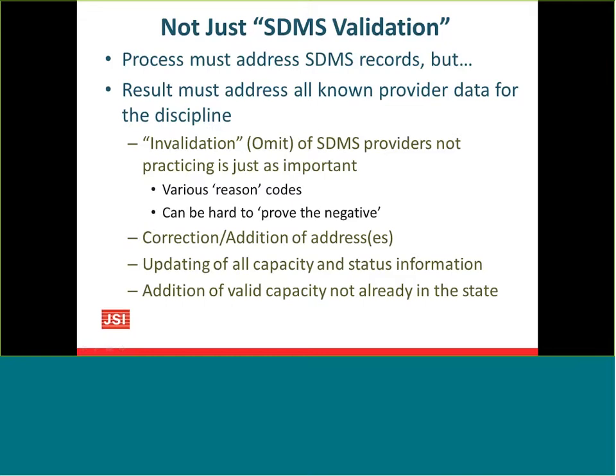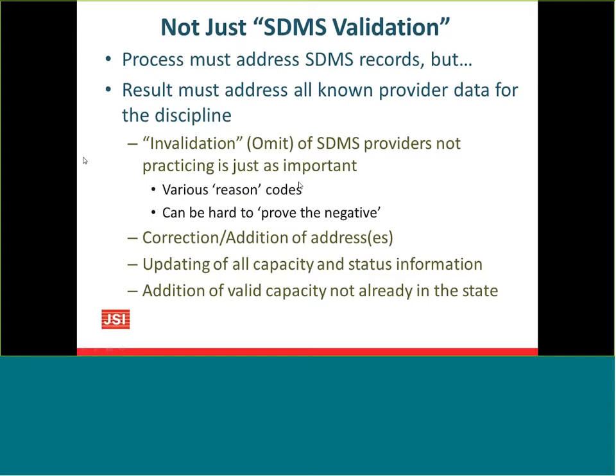But when I say it goes beyond just the records that are in there, I like to talk about invalidation, which I'm hoping everyone's focused on, which is basically omitting records that are in SDMS that don't exist. A lot of times it's easy to find attributes of the records that are there.